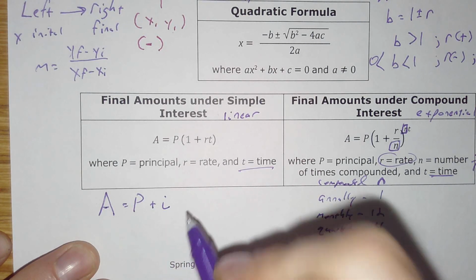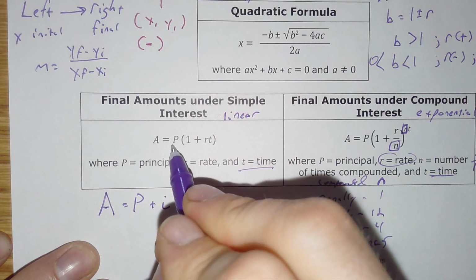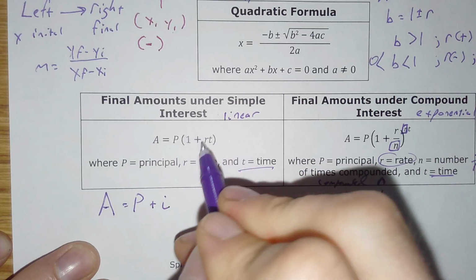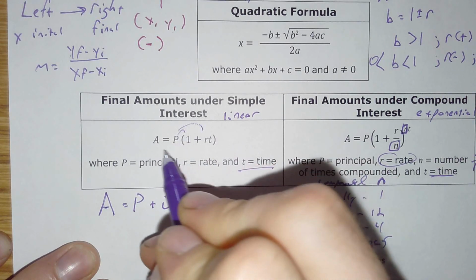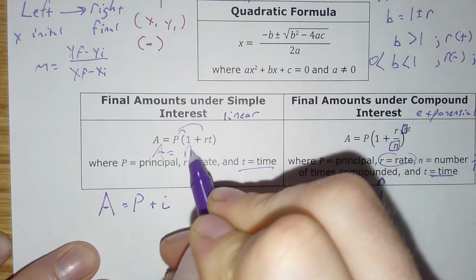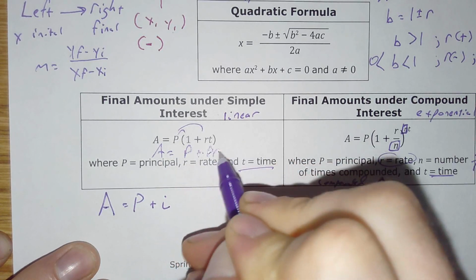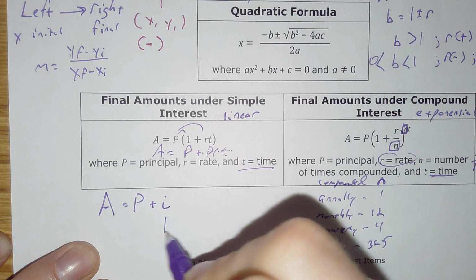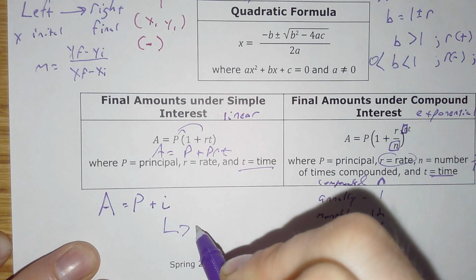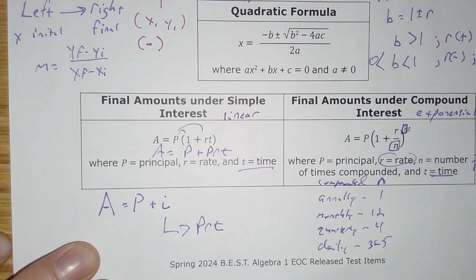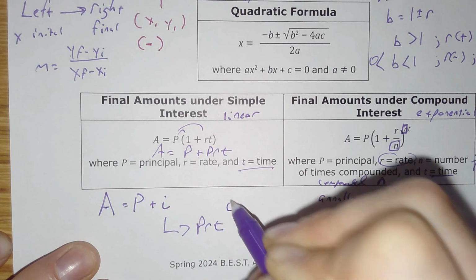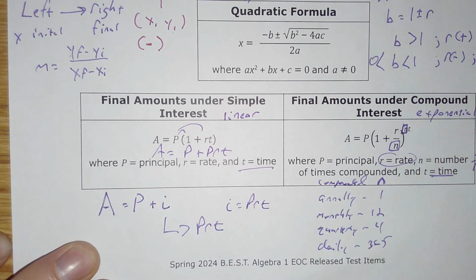This interest that it made, if I were to rearrange this equation and distribute this into here, A would be equal to P plus PRT. This PRT value is the interest.